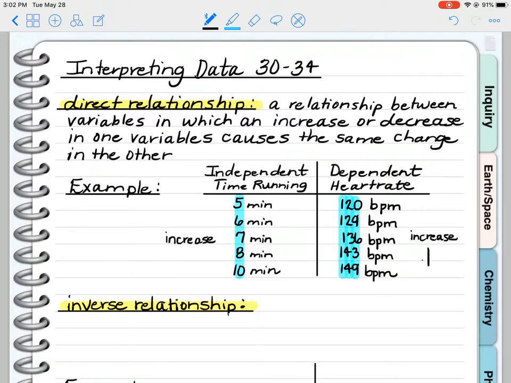So they're both, as they continue this way, they're both going in the same direction. Same thing. They're the same. That is called a direct relationship. Okay. Let me show you inverse and you'll see the difference.